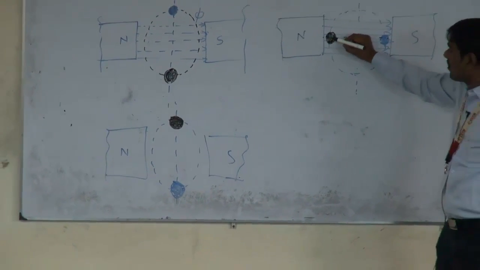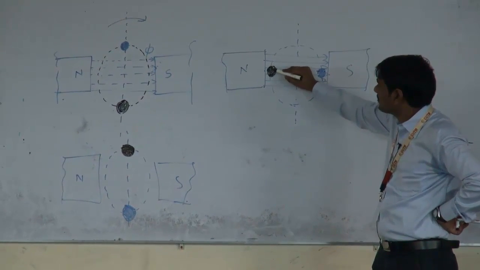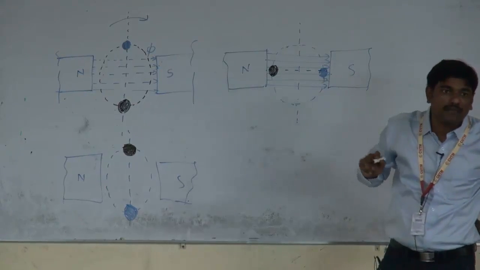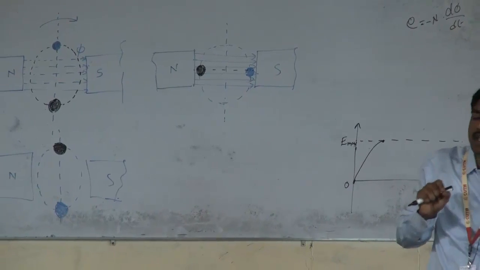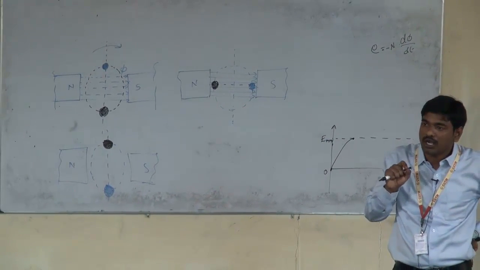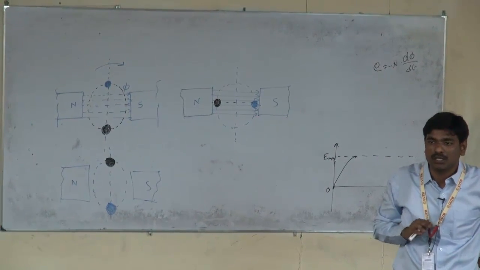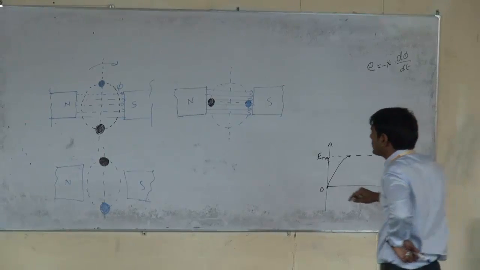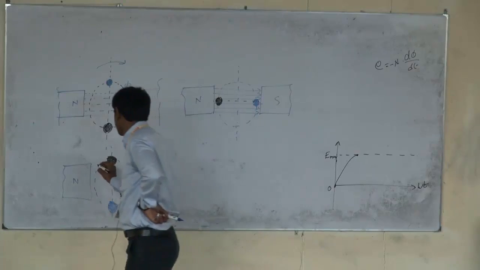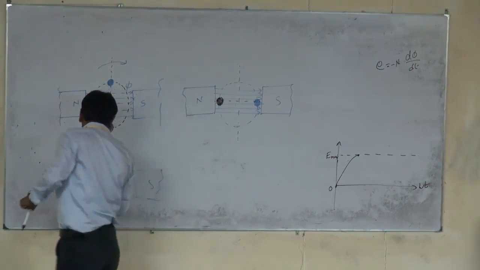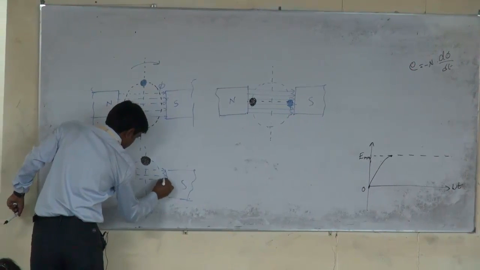So now here, when the conductor is cutting the magnetic flux from this position to this position, the effect of magnetic flux on the conductor decreases gradually. Okay. As the effect of magnetic flux on the conductor decreases gradually, the amount of induced EMF in the conductor also decreases gradually. And at this position, there is no effect of the magnetic field. So this is magnetic flux.